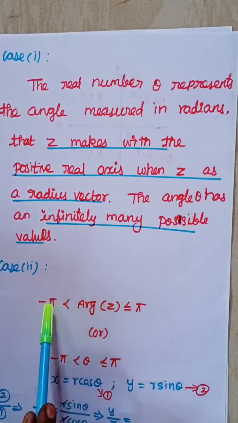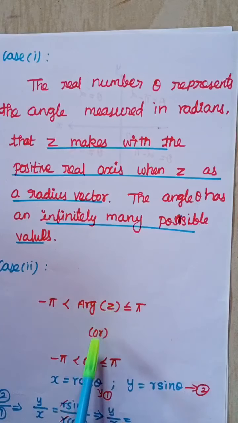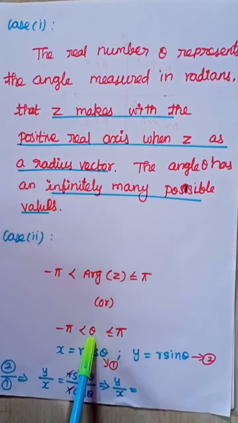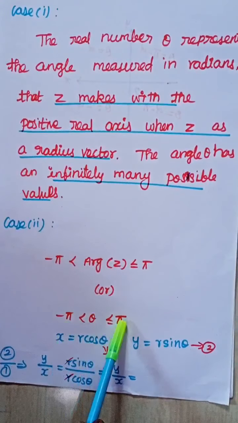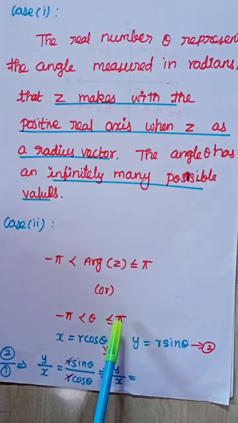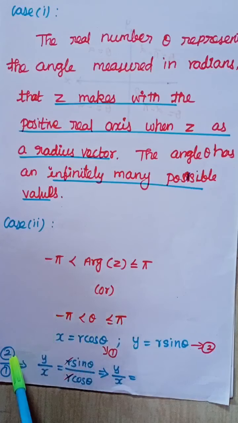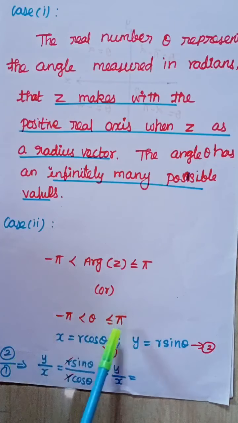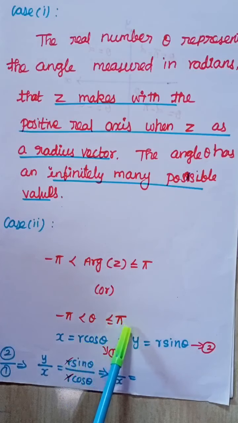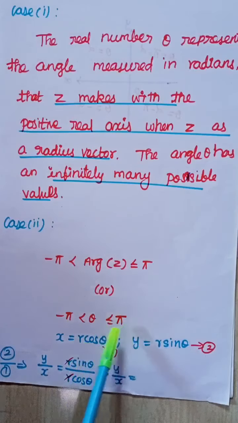See the second case. The argument of Z lies between minus pi and plus pi. The argument of Z is theta, so theta lies between minus pi and plus pi. Here pi exists but minus pi does not. Why? Here it is less than or equal to pi, so pi exists.